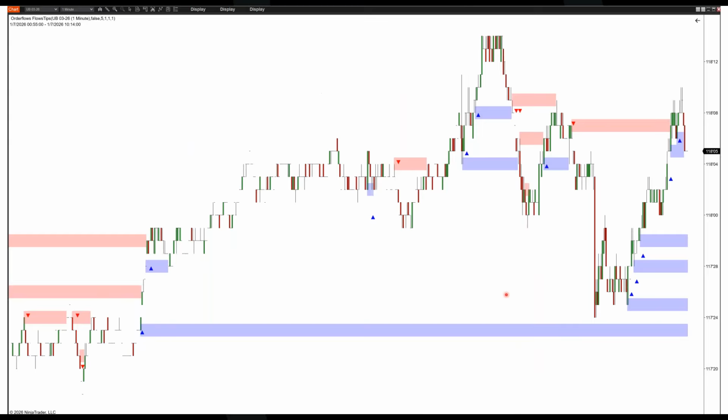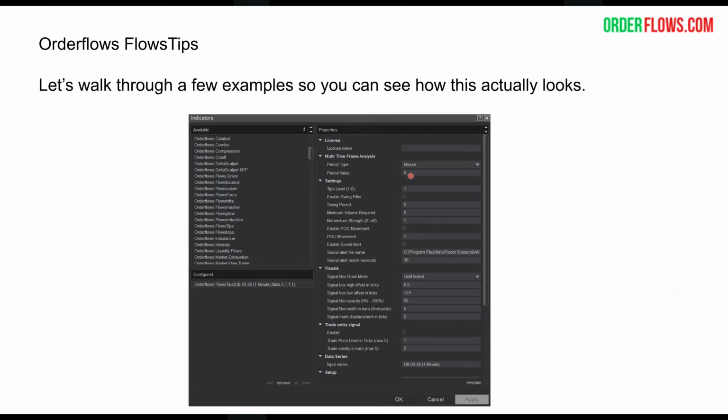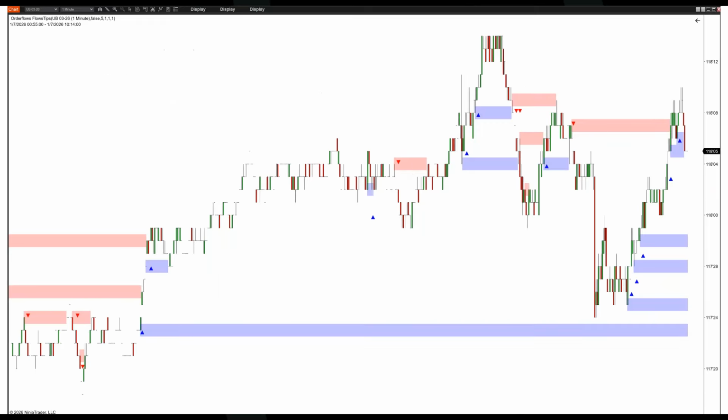So this is ultra bonds today, using the settings that I just showed you: the 5-minute setting with tips level at 1, momentum strength at 1.